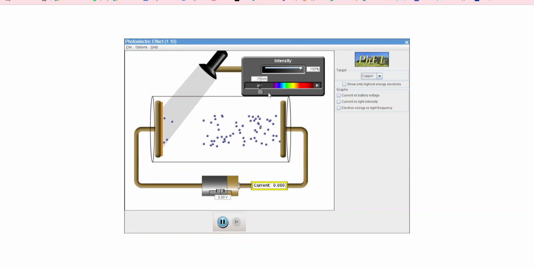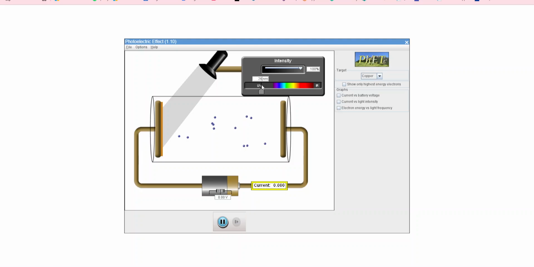So let's see if we can maybe say, whoops, I made a mistake. That's okay. 258. Is anything being released? Yes, it is. 265. Is anything being released? No, it's not. 260. Yes, things are being released. 261.